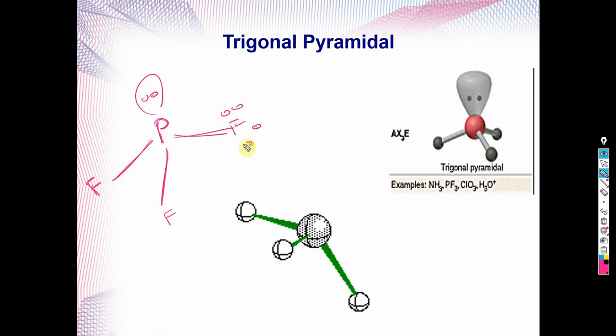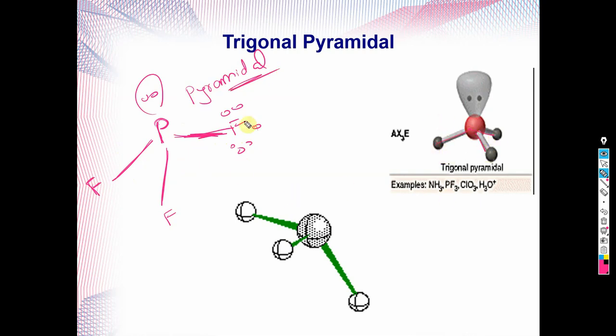So that's what you would write, and since you don't see any double bonds here, all 3 positions are taken by fluorines which will have a single bond. This is going to be a pyramidal structure, so it looks like a pyramid as you see here.